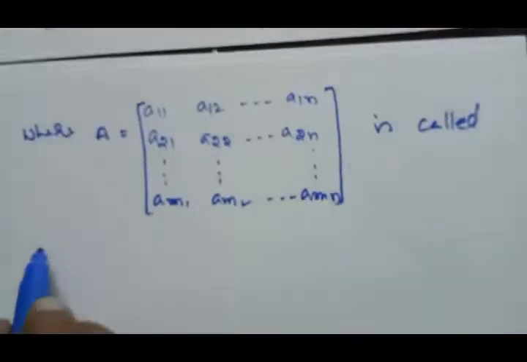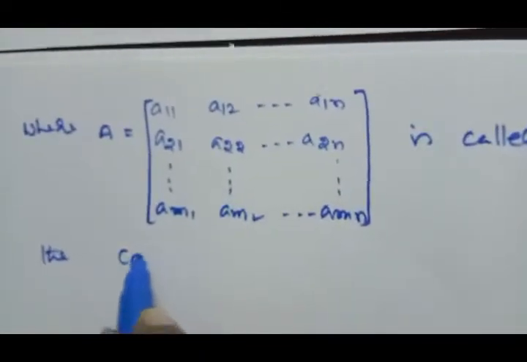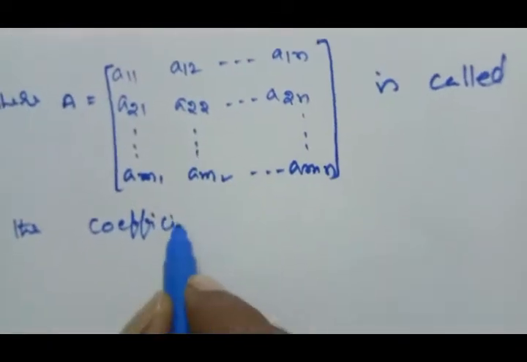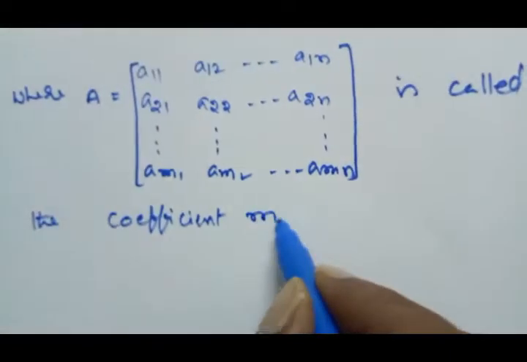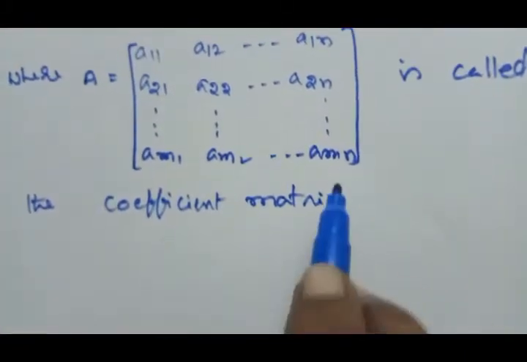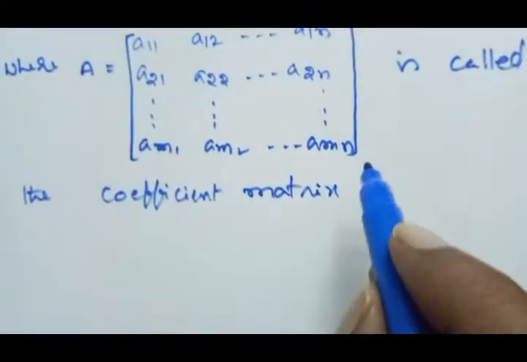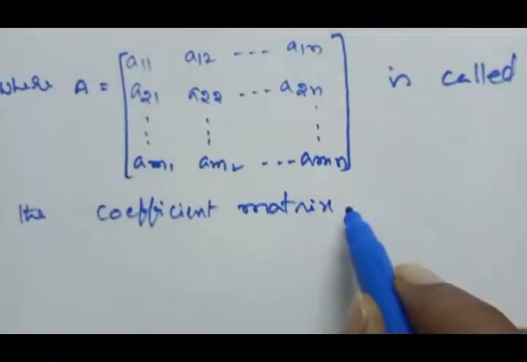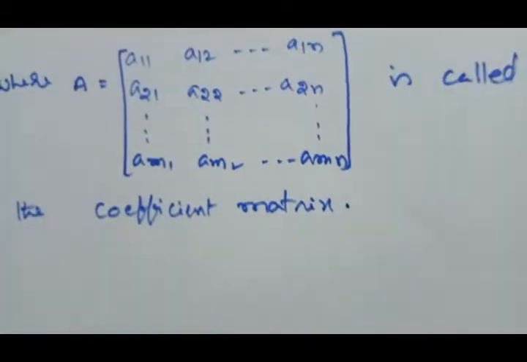It is called the coefficient matrix, since these are all the coefficients of x1, x2 and so on, xn in the given linear system of equations.